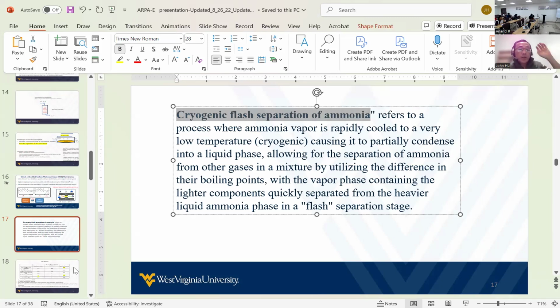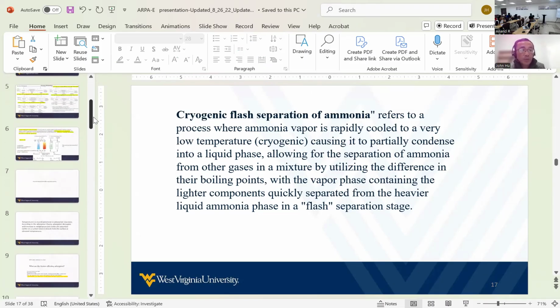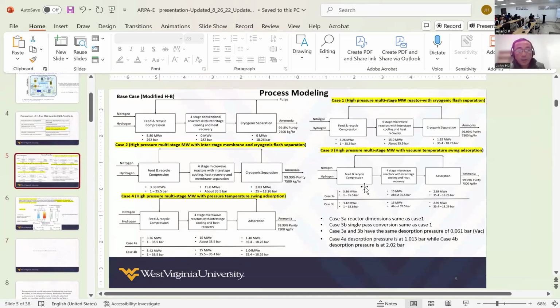Okay. So anyway, until this point, I introduced you to so many separation technologies, and all we have been talking about is this yellow technology. You may be wondering what the result is. We have so many case studies, case 1, case 2, case 3, and even under case 3 we have different sub-cases, 3A, 3B.